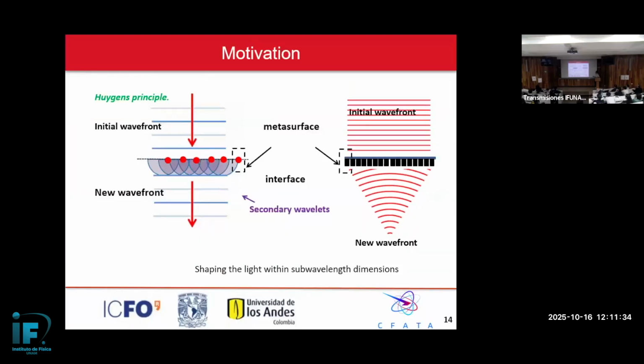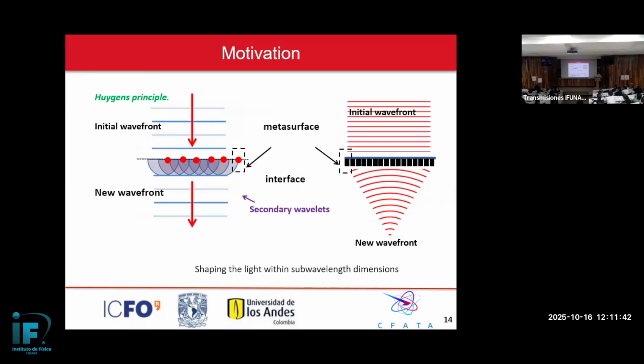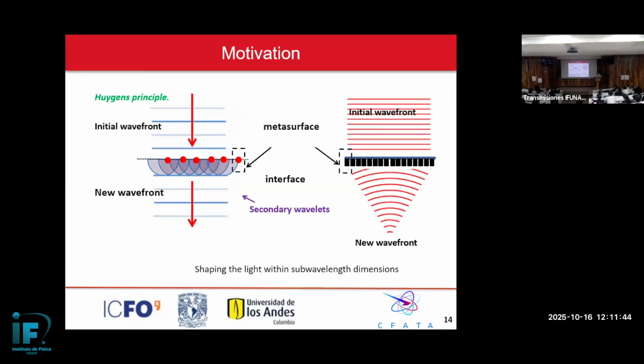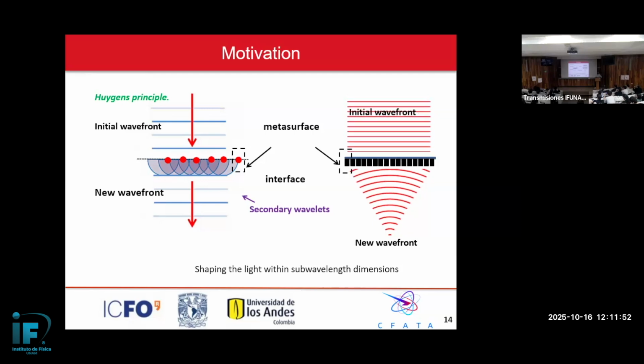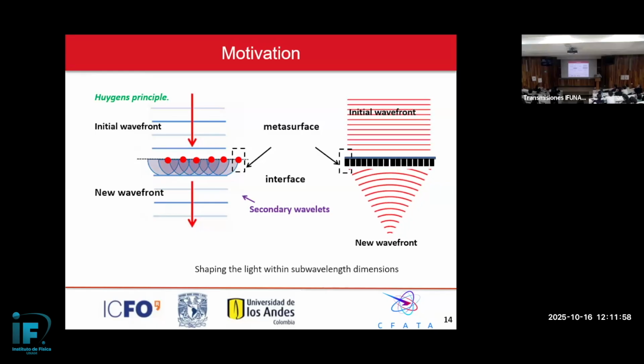The philosophy behind a metasurface is that, for instance, if you have a plane wave coming to an interface, once it interacts with the interface you create Huygens sources, right? That will eventually recreate the wavefront and continue to propagate.